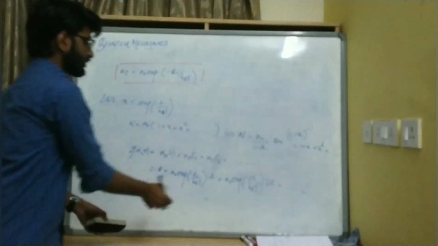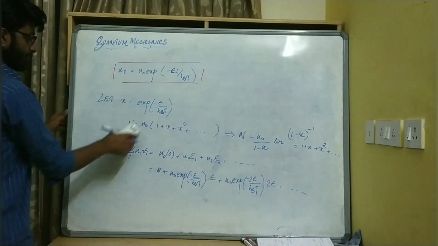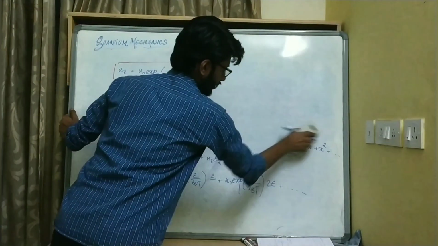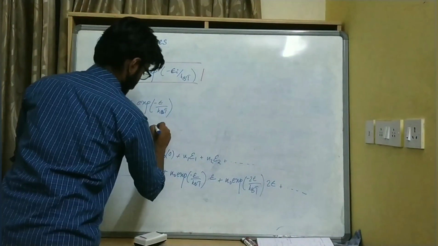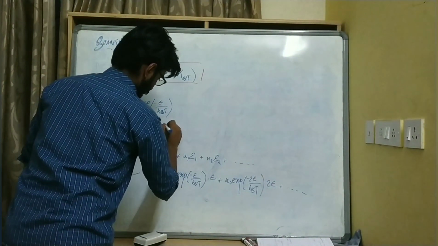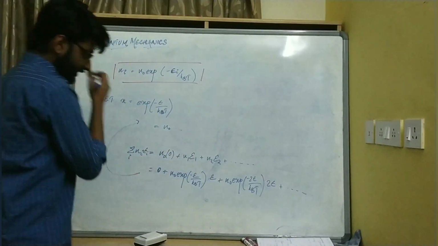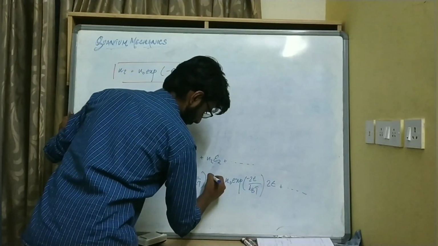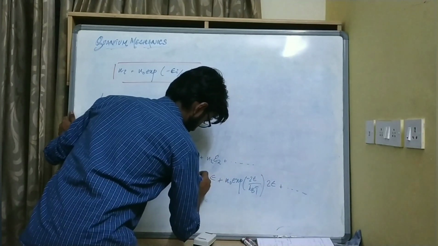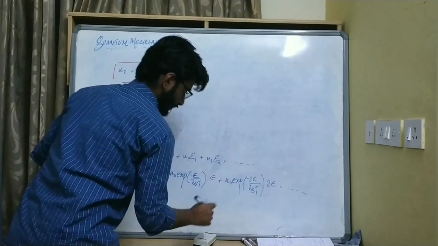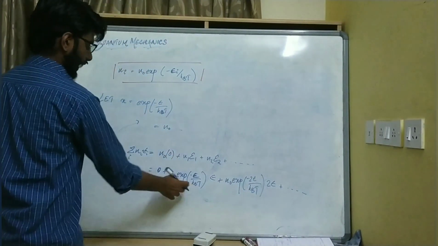To simplify this, you take the same approach, and the overall expression becomes: n0 is common, the epsilon terms are also common, and this is actually x.